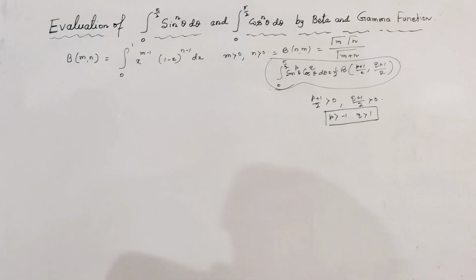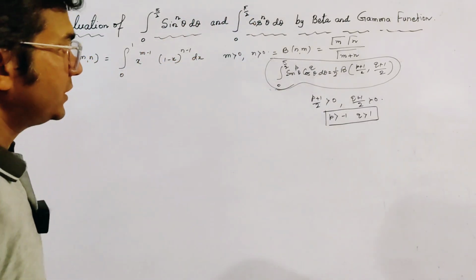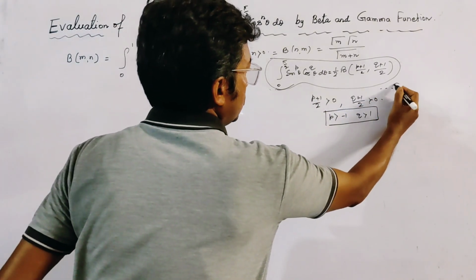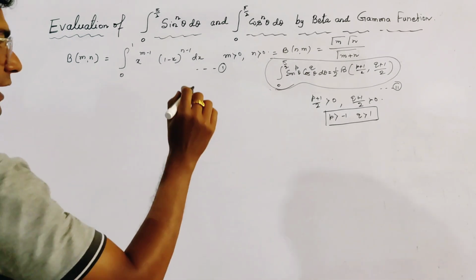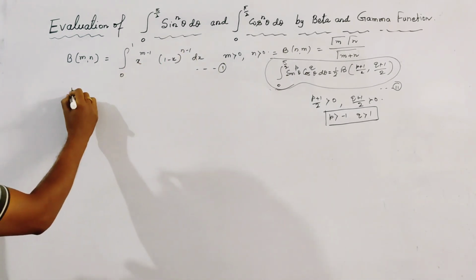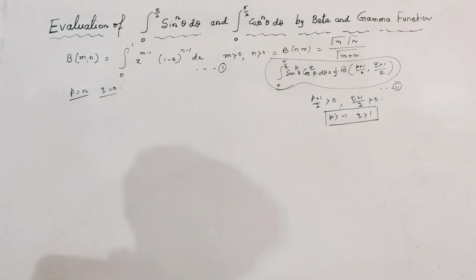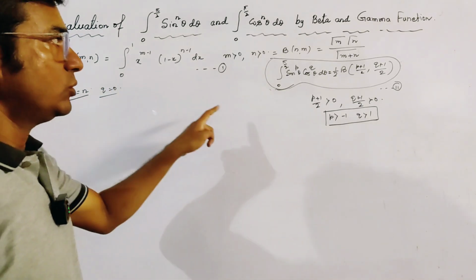Now to find this type of integral, here we name this integral as 2 and the earlier definition as 1. In 2 we put p equal to n and q equal to 0.